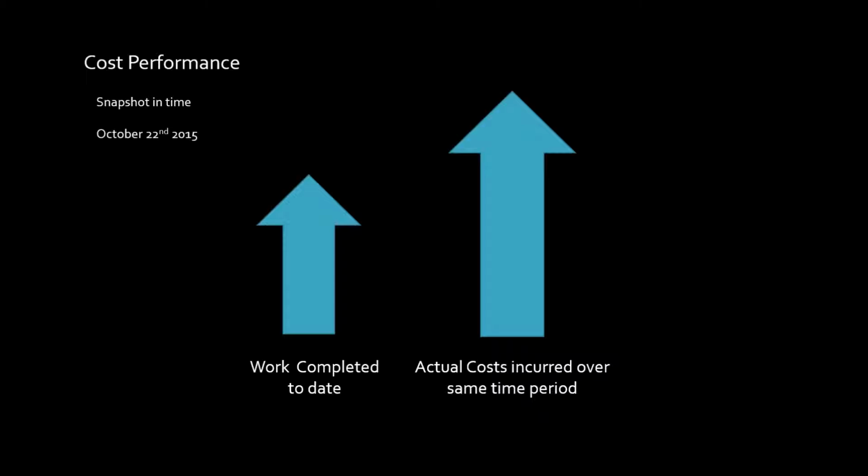So this snapshot on October 22nd, the left arrow is the work that we completed. The right arrow is the costs. As you can see, we spent more money than we should have. So on the left side, it's earned value. So we've already established $1,300, right, from the last screen. We've completed $1,300 worth of the project, but we spent $1,800 so far. So we're over budget on time as well as behind schedule.